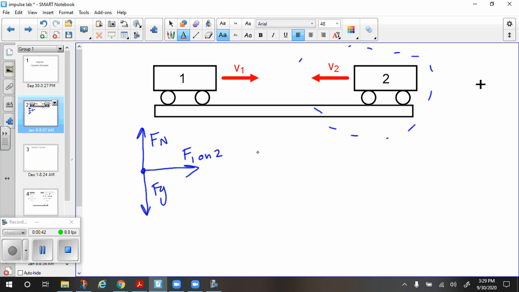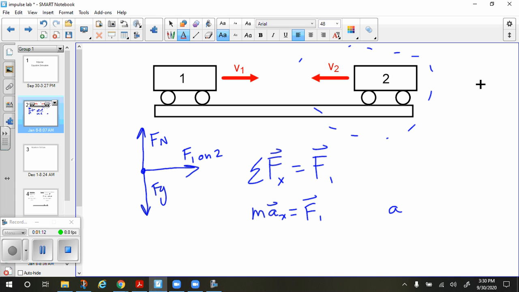So I'm going to say the sum of my forces in the x direction on car 2 is equal to just this force from car 1. And I know that the sum of my forces is mass times acceleration in the x direction, and this is force from 1.